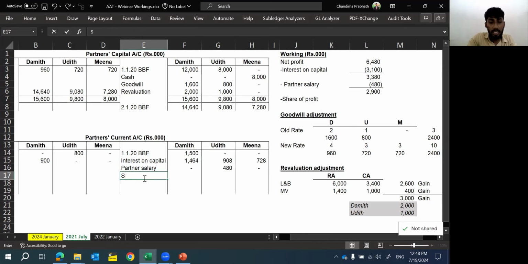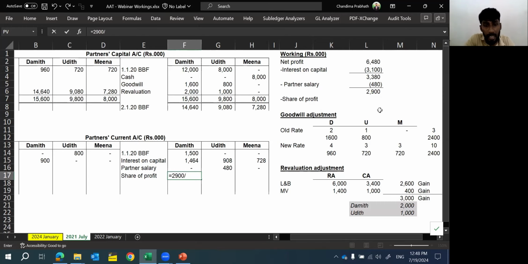So very easy, no? Share of profit. Damit will get how much out of this 2,900? I will write that. 2,900, the total one. Out of that, they will get 4 out of 10, so 2,900 divided by 10 multiplied by 4 is for Damit. And for Udit, multiplied by 3. And for Meena also multiplied by 3.